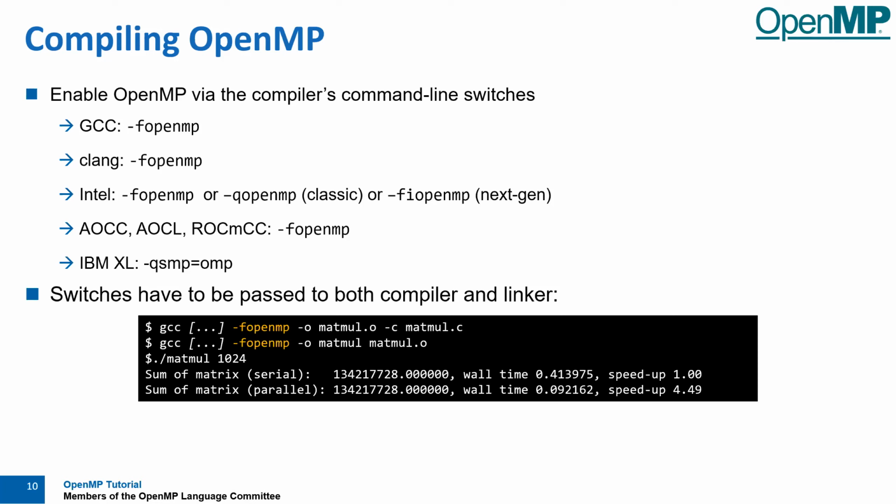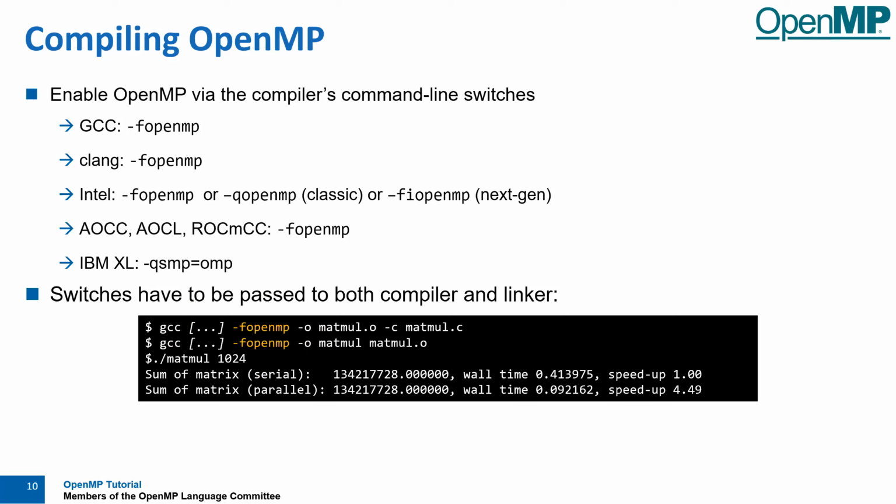And then the key thing to always remember is the switches have to be passed to both compiler and linker. So here I split the compilation of one of the hands-on exercise examples into a compilation step and a linker step, and at both you have to use -fopenmp or the respective version for your compiler.